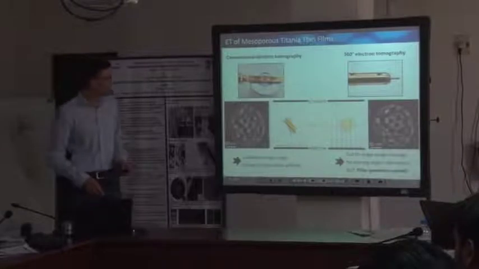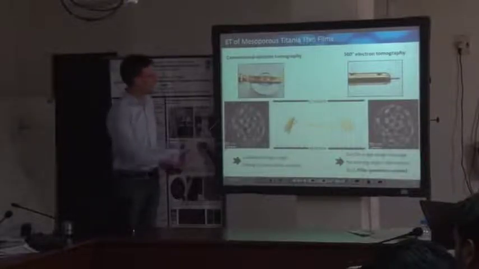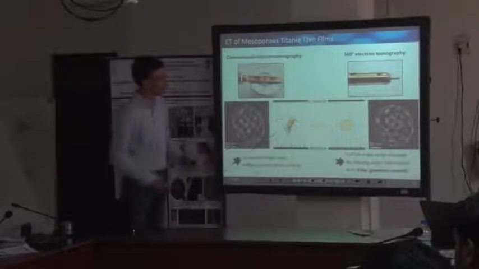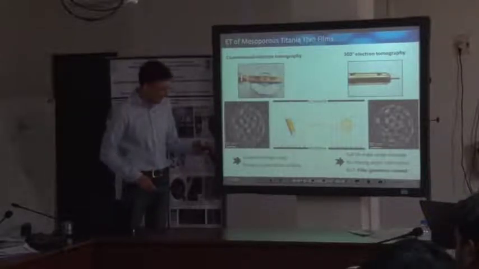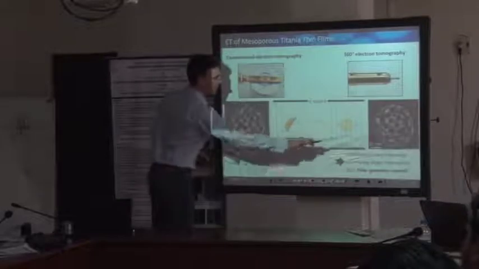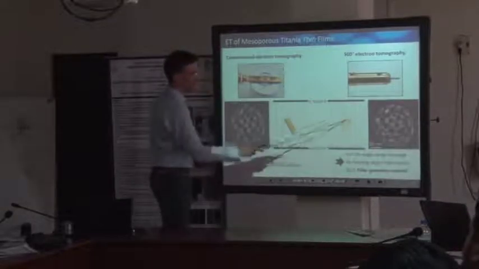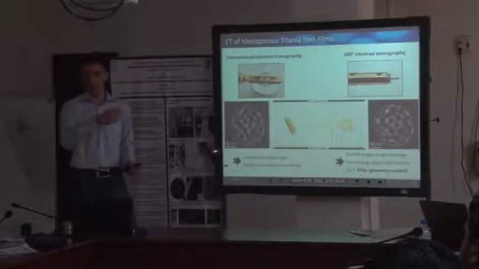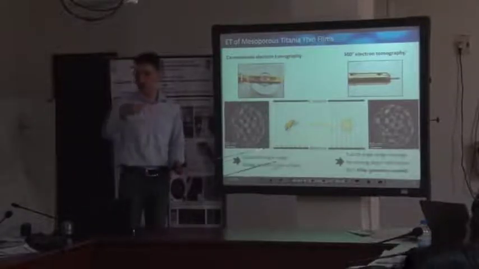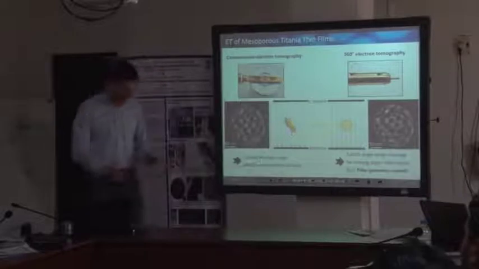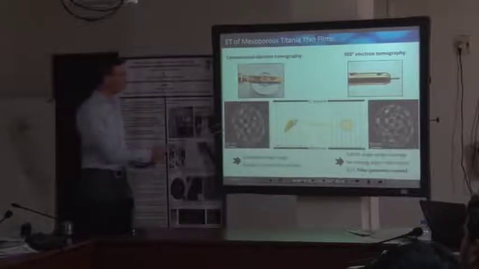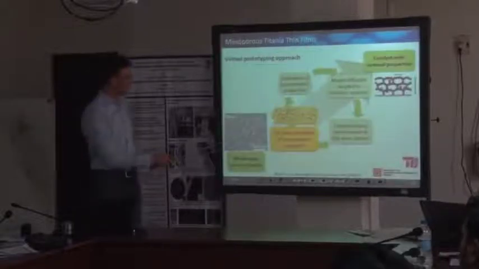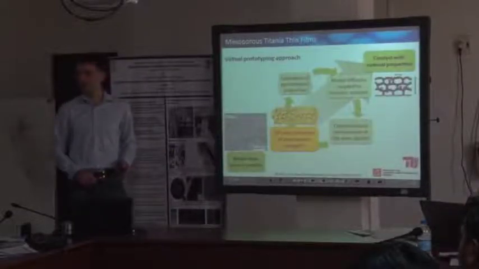These are the two examples again of the regular conventional electron tomography and the 360-degree tomography. To come up with such a 360-degree tomogram, you would need to prepare a certain pillar and transfer that onto your sample holder or sample mount. This might be pretty easy in this particular case. This is based on a silicon wafer.